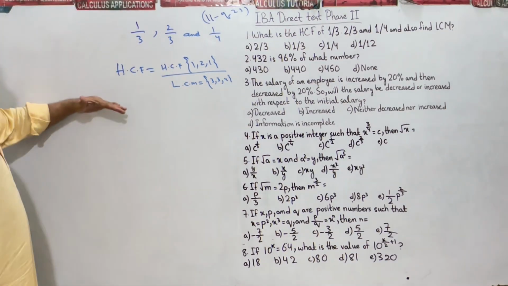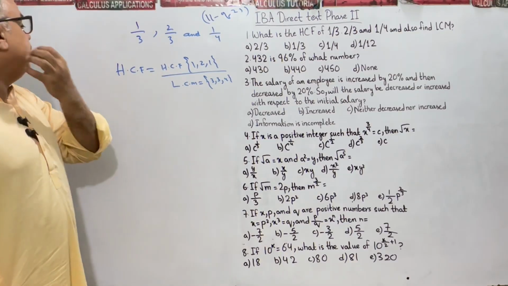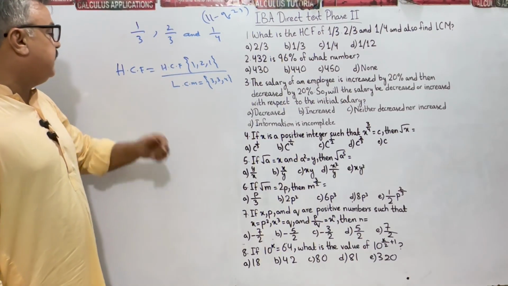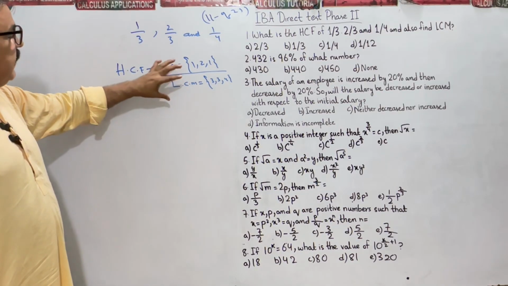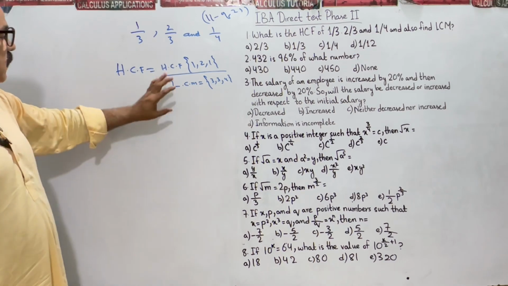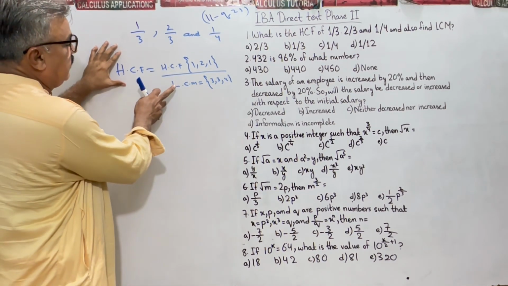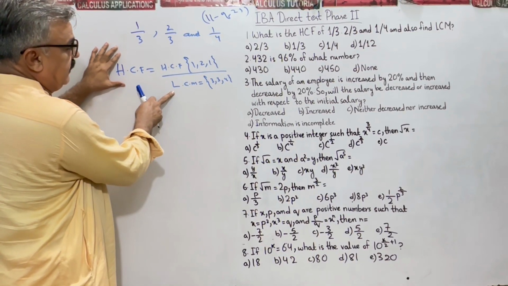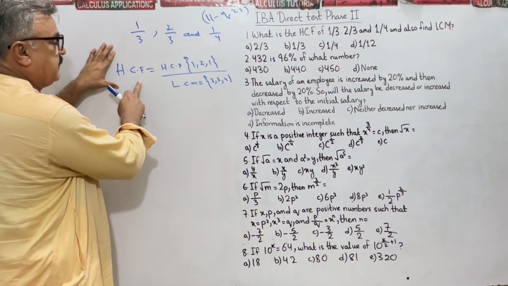That is the rule for HCF. If you want to find the LCM, then interchange them: the LCM goes in the numerator and the HCF goes in the denominator.